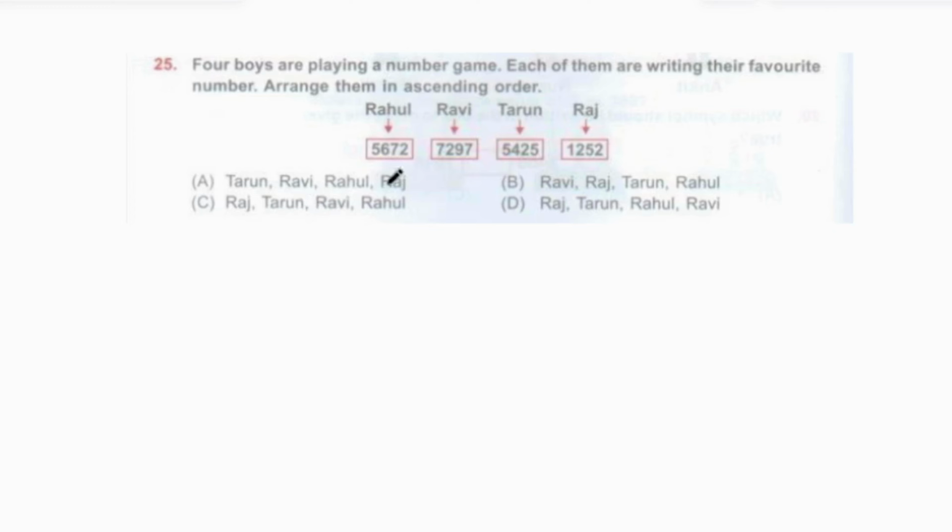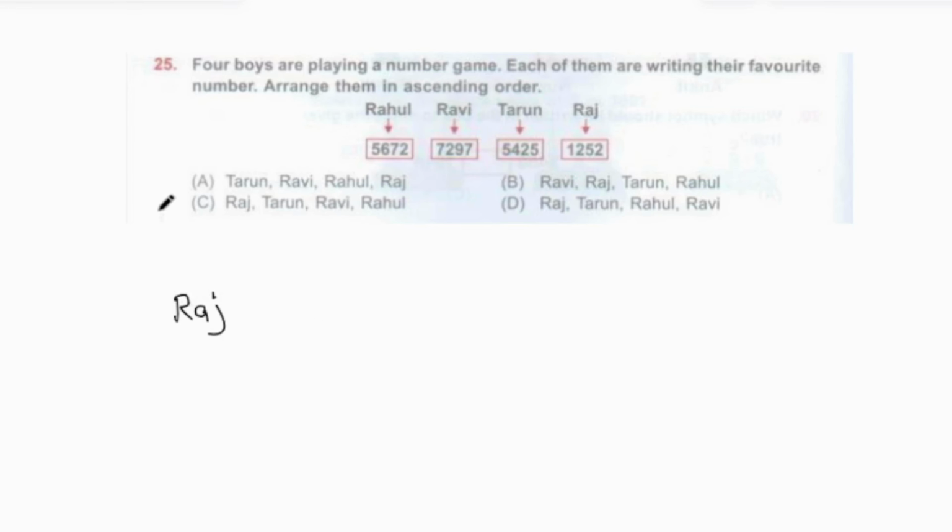So what we should do is, we should act smartly since we are learning from Sugar Maths. So what we should do, we should first find out which is the smallest number. If you can see, the smallest number here is 1252, which belongs to Raj. Let's write down Raj. This is the smallest number.